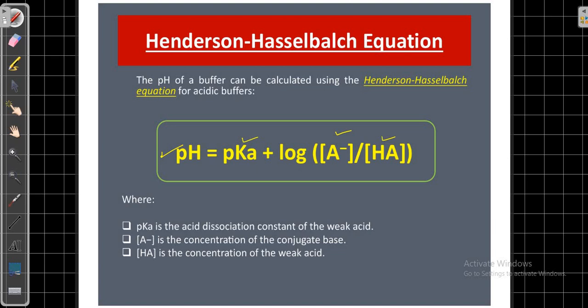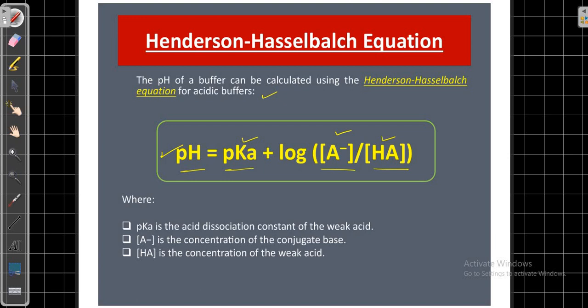So if we know the value of the pKa and the concentration of the conjugate base and weak acid, then we can calculate the pH of the particular solution under consideration. You should remember where this equation is derived from.